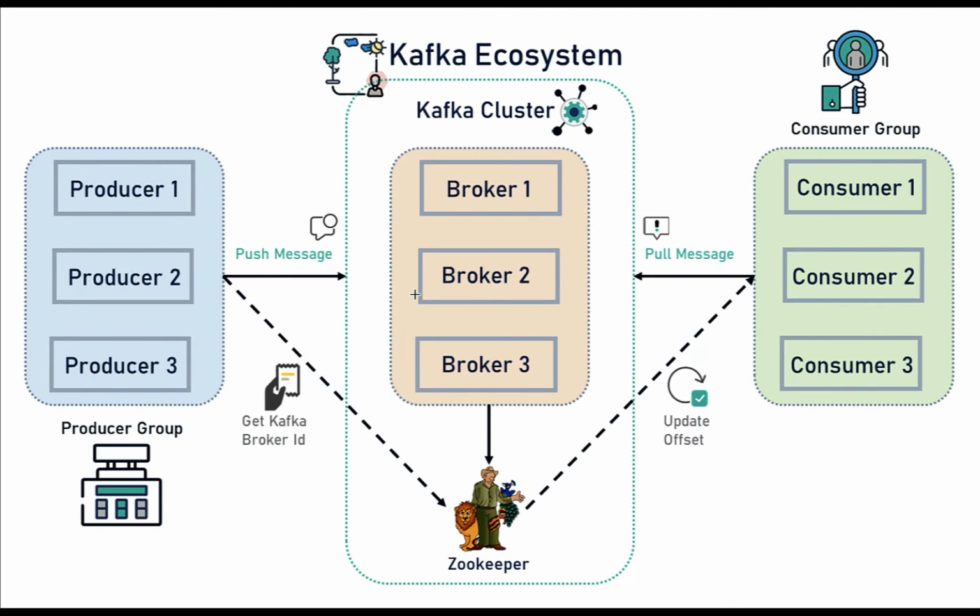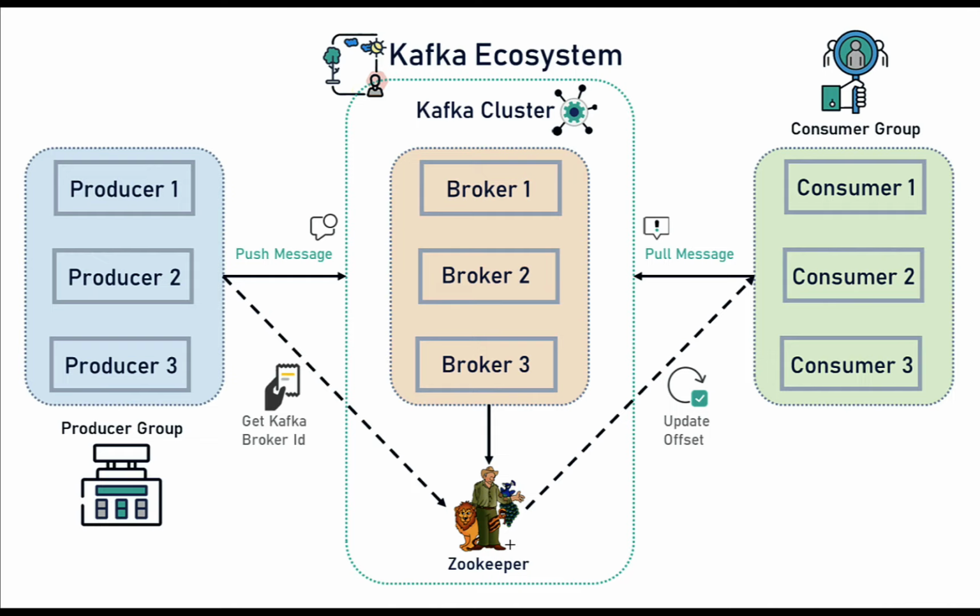Here you can see the Kafka ecosystem diagram. This Kafka ecosystem has a Kafka cluster, and within the Kafka cluster we have 3 Kafka brokers: Kafka broker 1, 2, 3. And here we have one Zookeeper. Zookeeper is basically a service that manages the state of all the Kafka brokers within a Kafka cluster, and it also manages the configuration of topics, producers and consumers.